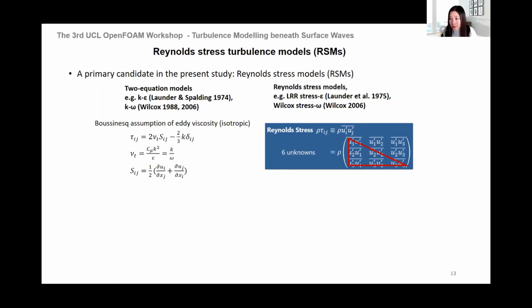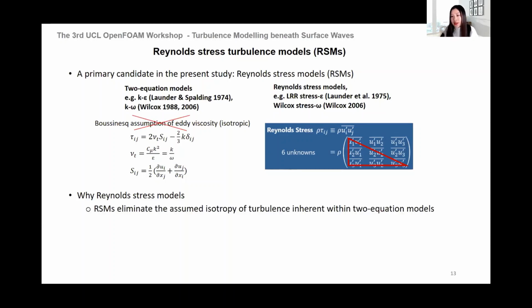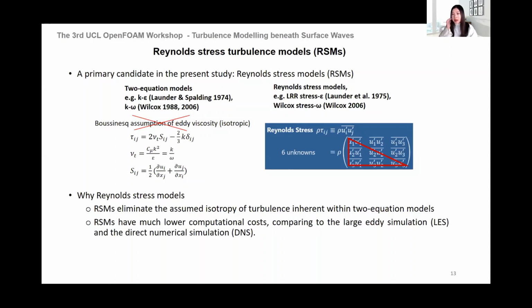Since RSM resolves all components of the Reynolds stress, breaking free from the Boussinesq assumption, they are expected to produce more accurate results for predicting breaking waves, as they can capture the physics more realistically compared to two-equation models. Meanwhile, compared to LES and DNS, RSM still has much lower computational cost than those two approaches.